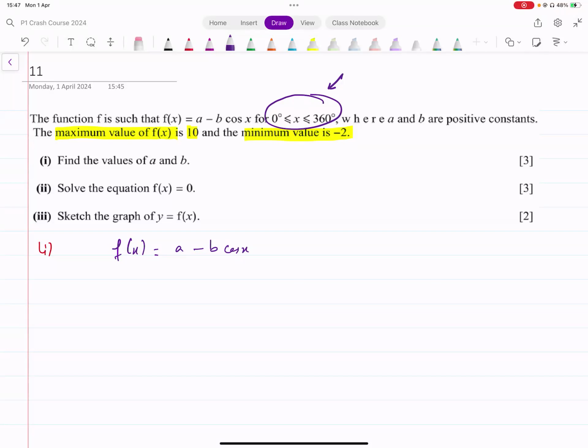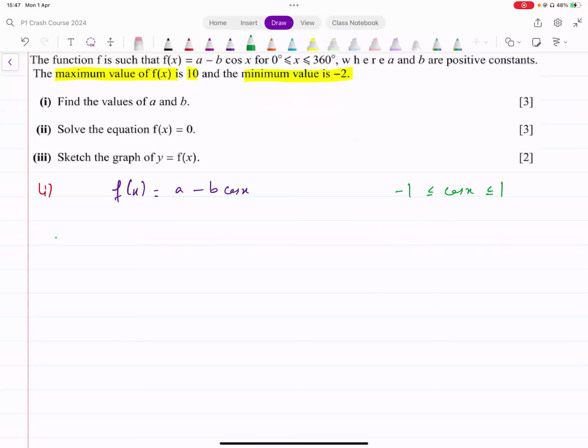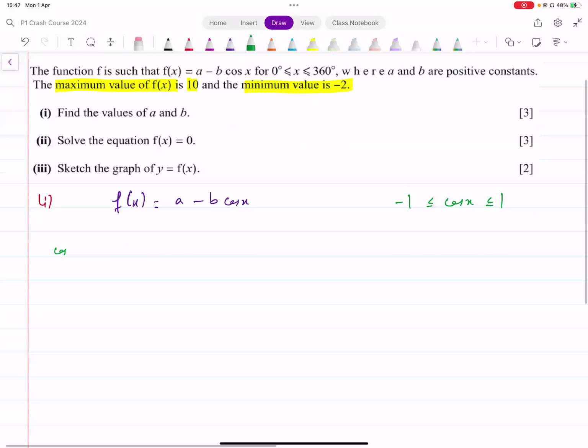If it's one full cycle, that means cos of x is going to be between -1 and 1. We know that, right? It can't go beyond these values. So the minimum value of cos of x is -1, the maximum is 1. One of these values is going to give us the minimum value of this function, and the other is going to give us the maximum value.